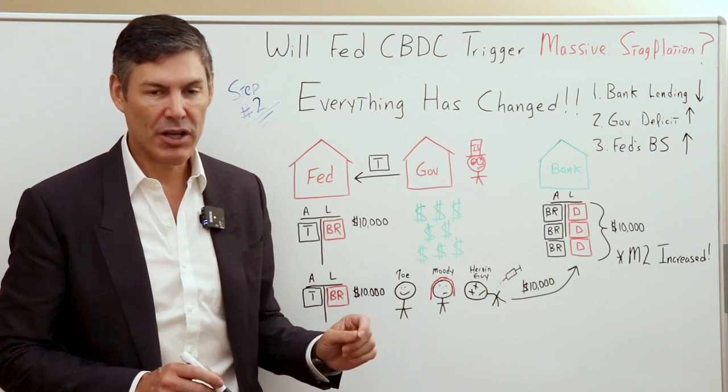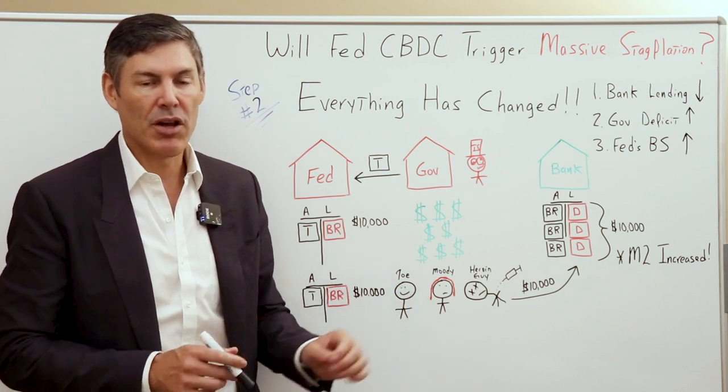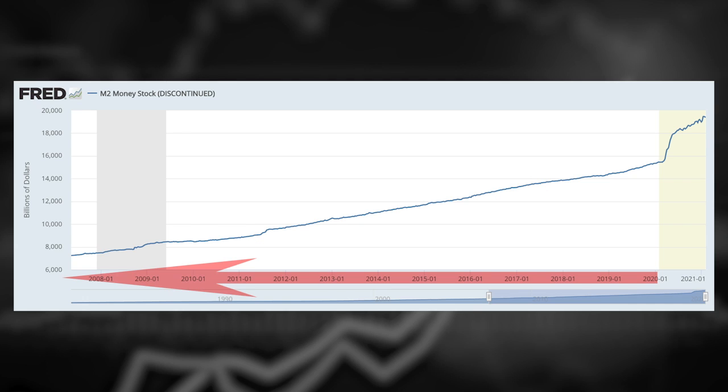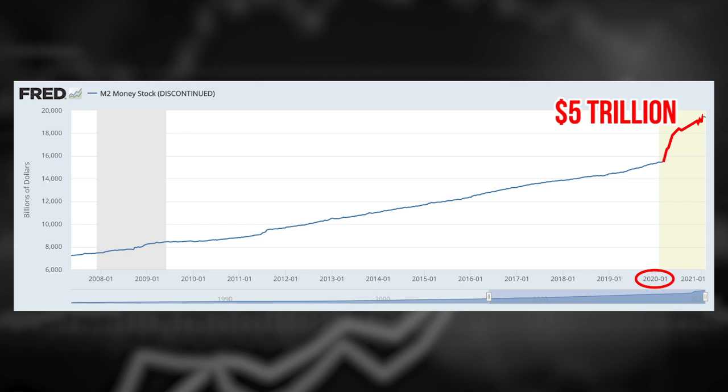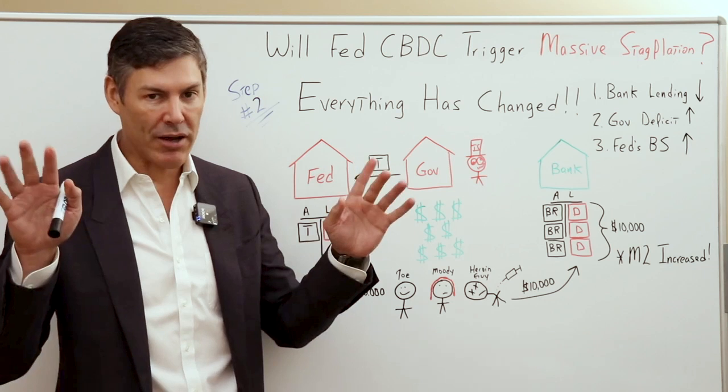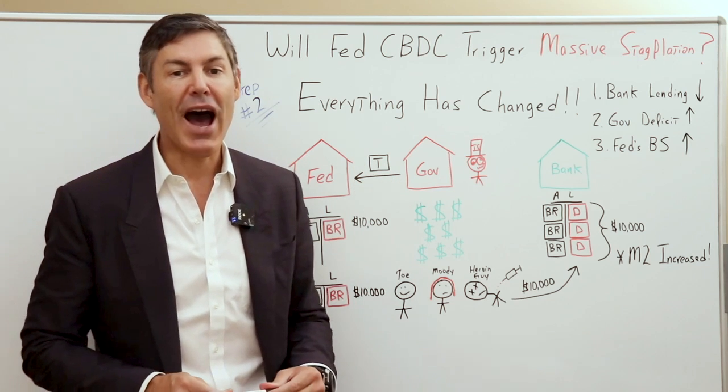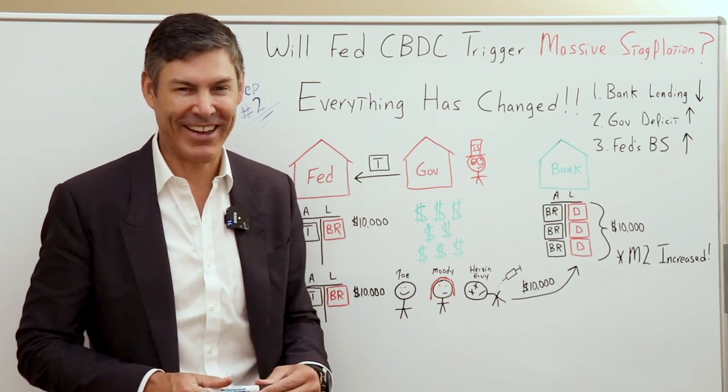Think about that. Just using broad numbers, prior to 2020, in the entire history of the United States, we had $15 trillion created. And in 2020 alone, there was almost another $5 trillion created out of thin air. The Fugazis, if you will.